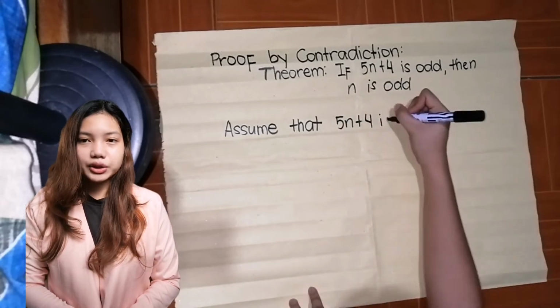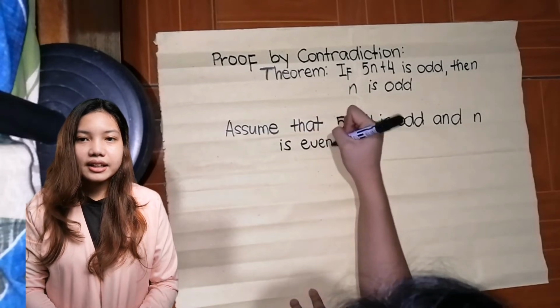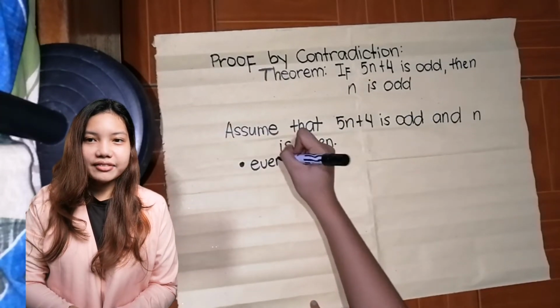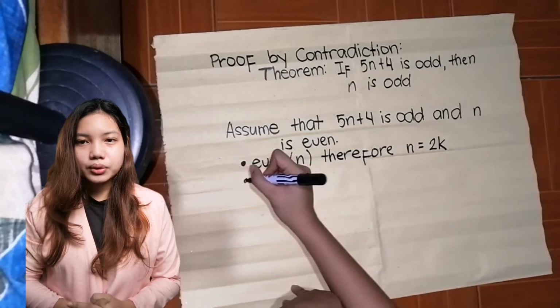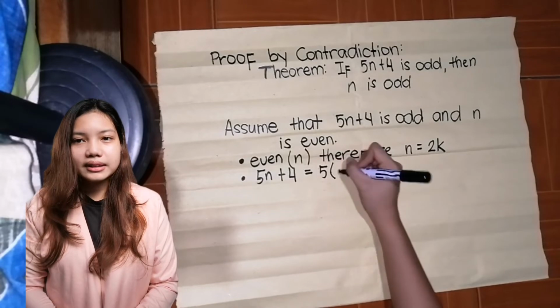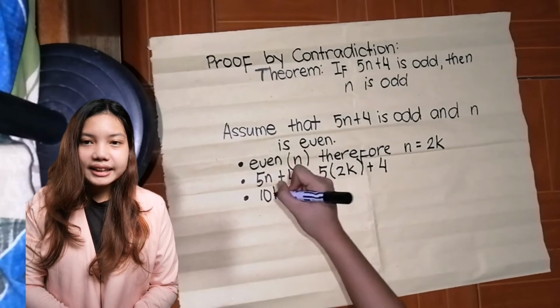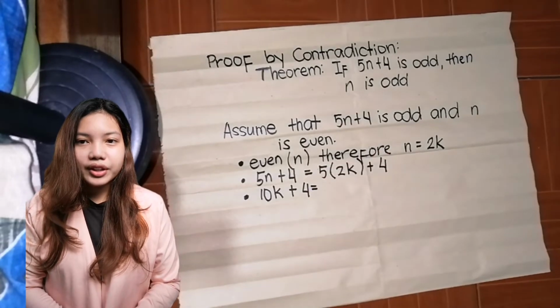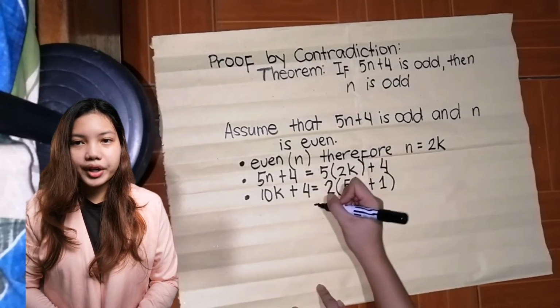Let us assume that 5n plus 4 is odd and n is even. n is even, therefore, n is equal to 2k. 5n plus 4 equals 5(2k) plus 4, 10k plus 4 equals 2(5k plus 2).